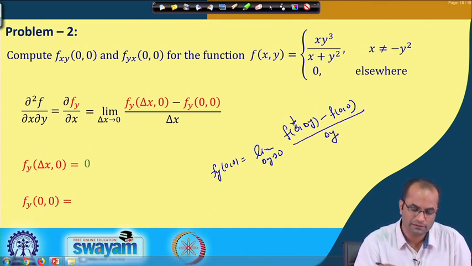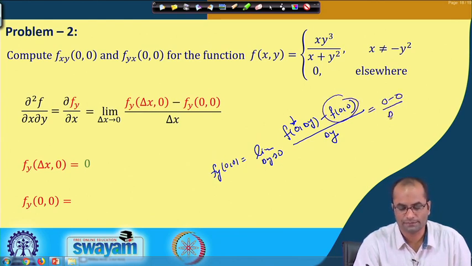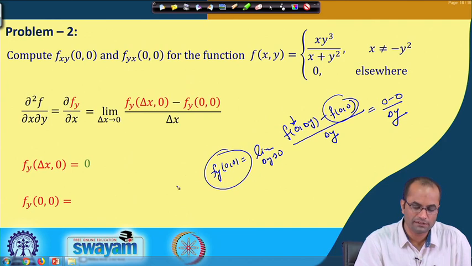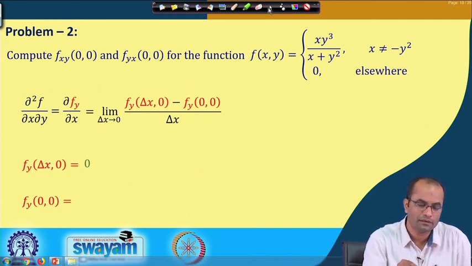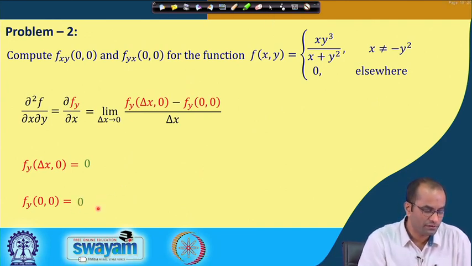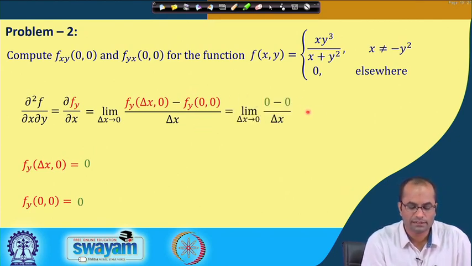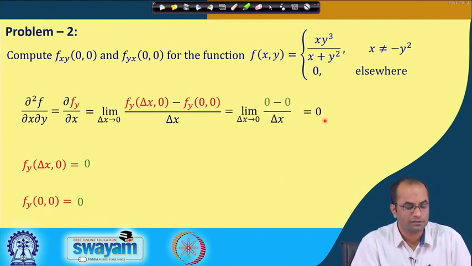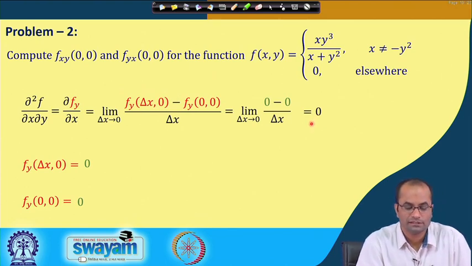Again in this case here it is 0 and this is also 0. So, 0 minus 0 over Δy. So, this partial derivative at (0, 0) is 0. So, in this case we got both as 0. So, 0 minus 0 divided by Δx. So, in this case we got this second order partial derivative as 0.